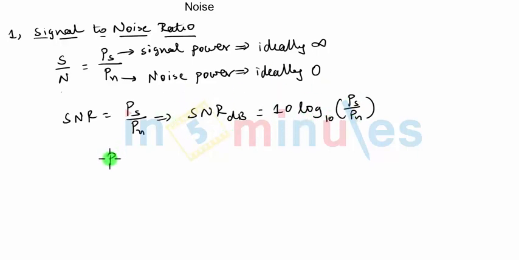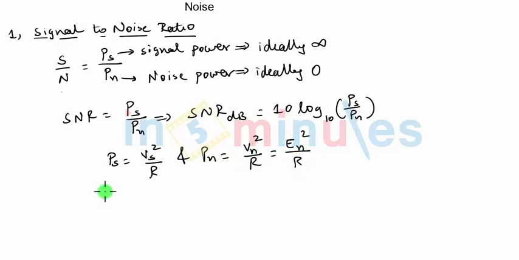Going a step ahead, I can represent signal power as Vs squared by R, the signal voltage being dropped across the resistance at that particular point, and noise power Pn, due to the same resistance R, can be written as Vn squared by R, where Vn is the noise voltage. Now we have used the notation En in one of the previous video clips. Please note that Vn and En are exactly the same.